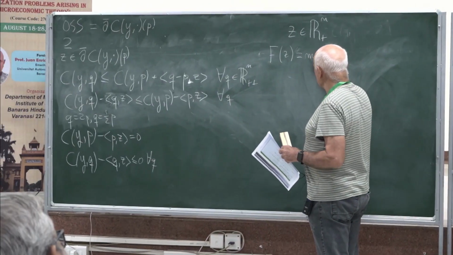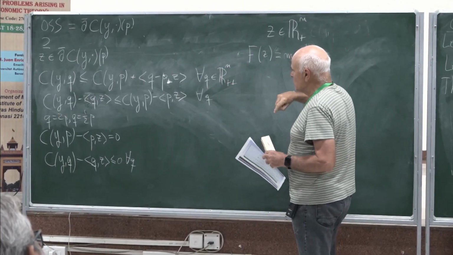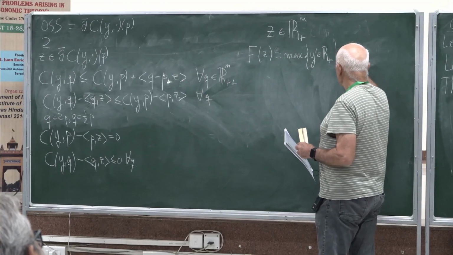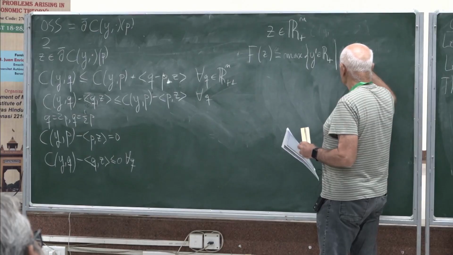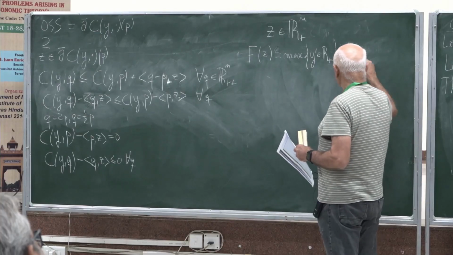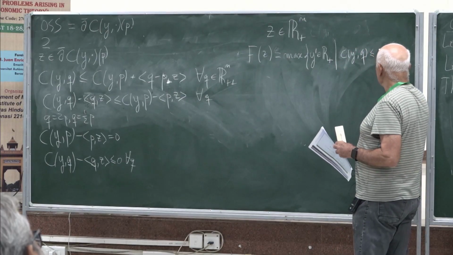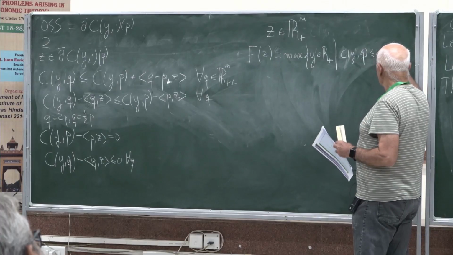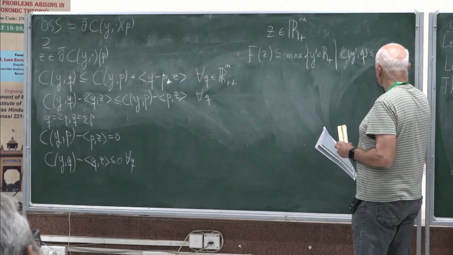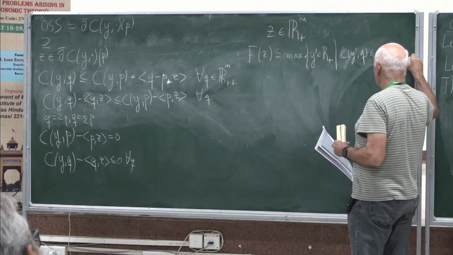So this is the maximum of, let's say, y prime, because y is already used, of y prime in R plus, such that C of y prime, let's say q, because p is already used, is less than or equal to q·z for every q in R plus plus n.